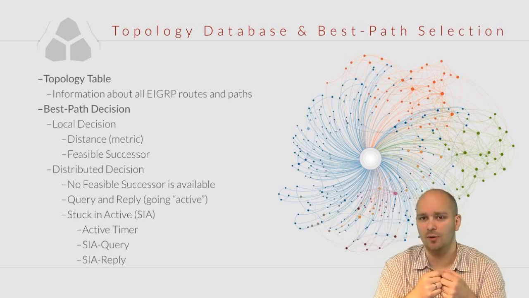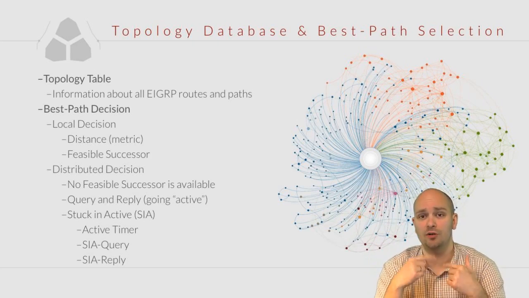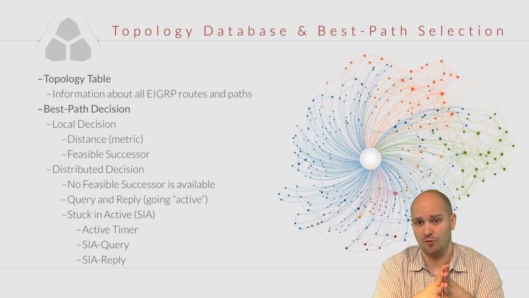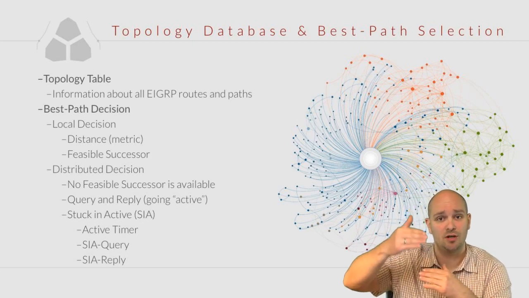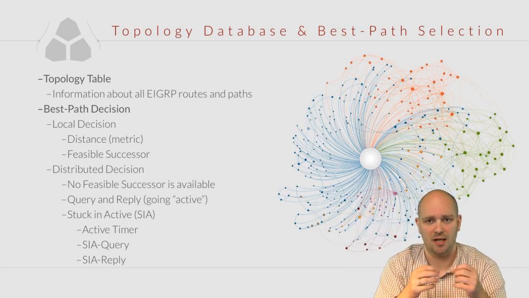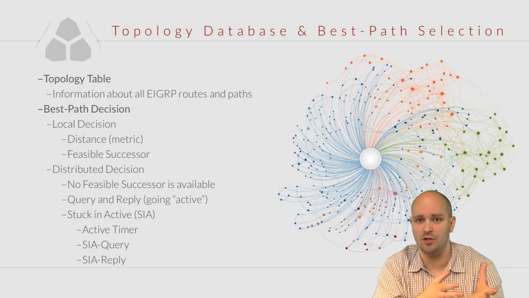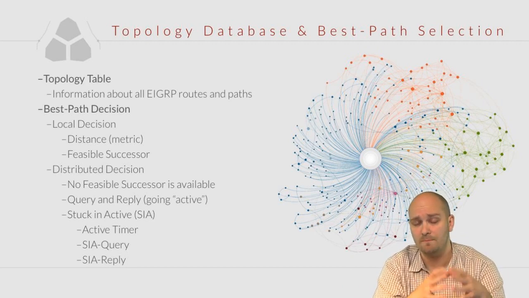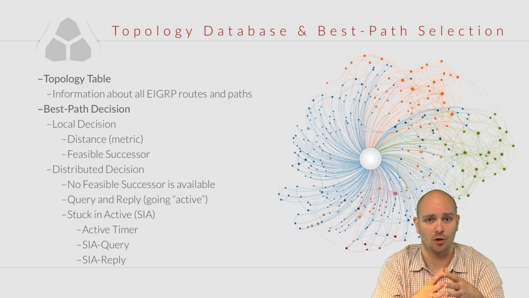If it receives a query, it needs to send it to the router from which it itself learned that particular route. So we need to wait for a certain period of time until this query goes out and out and out and finally reaches the destination in our network, the router that has a connected route and was the original injection point for our route into our EIGRP routing domain.